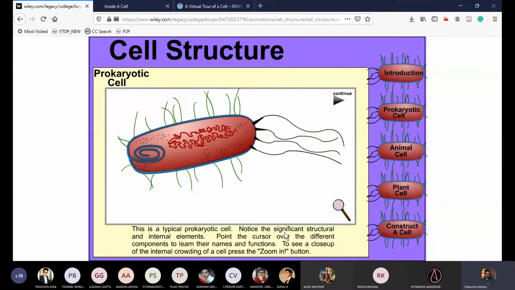And second, it also helps in sexual reproduction or sexual conjugation in bacteria.